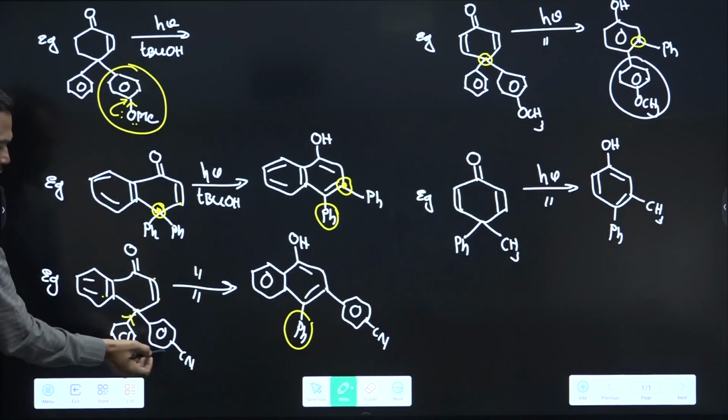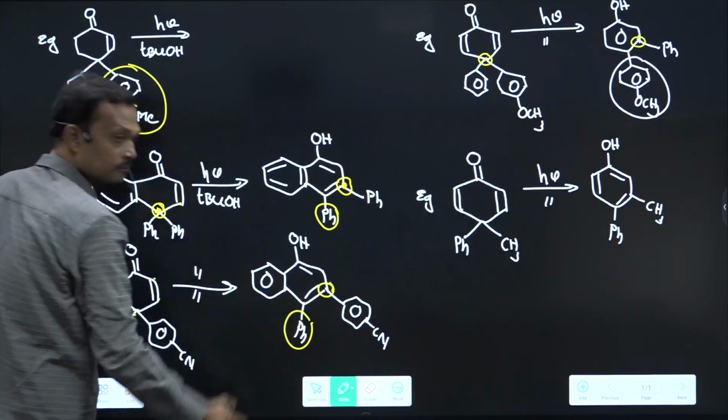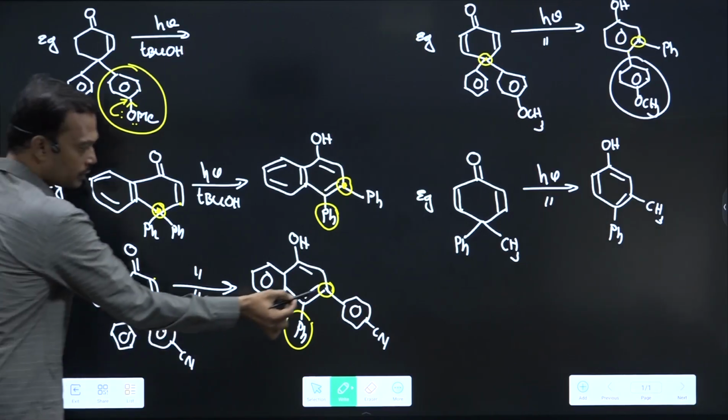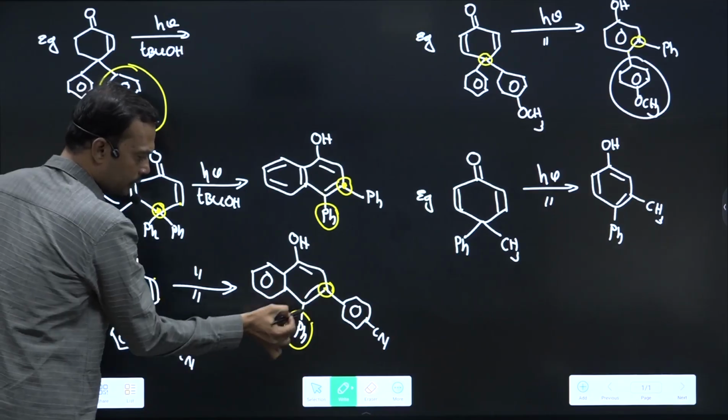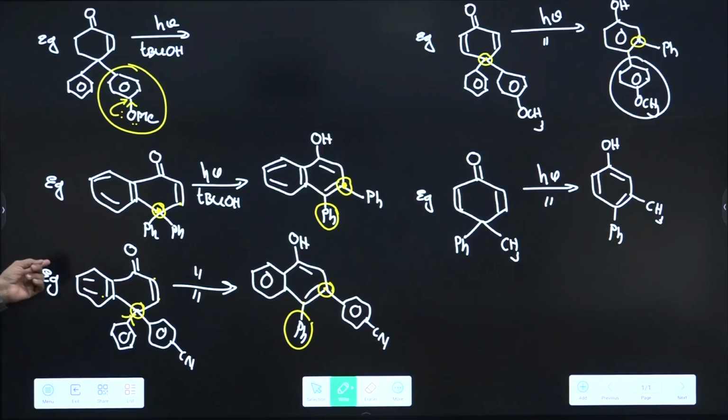Now here are two phenyls; see, this one carries more electron density, that's why it is migrating from this position to here. So every time remember, this position you need to circle like this. From here the group migrates, and that will settle down on para, and one more is ortho. Two products are expected. So this reaction is important.